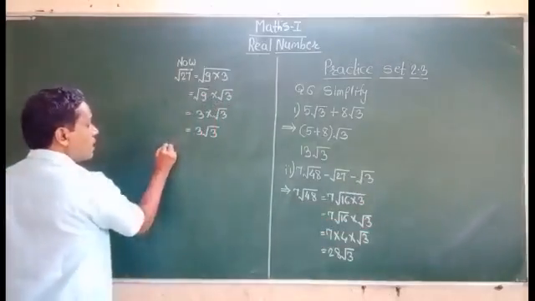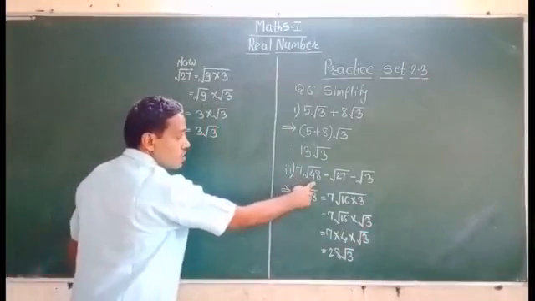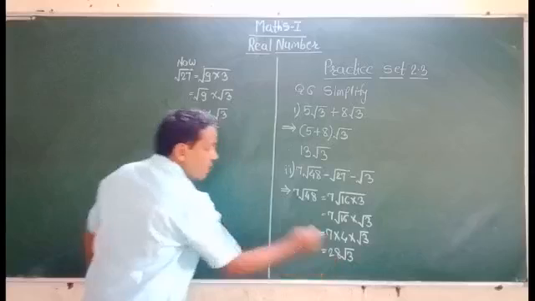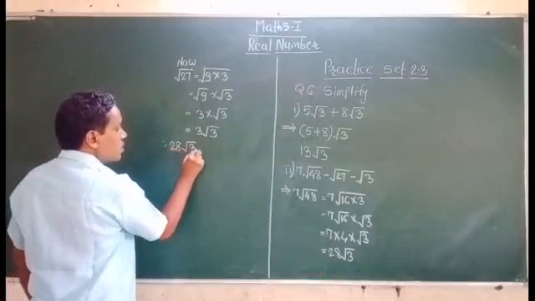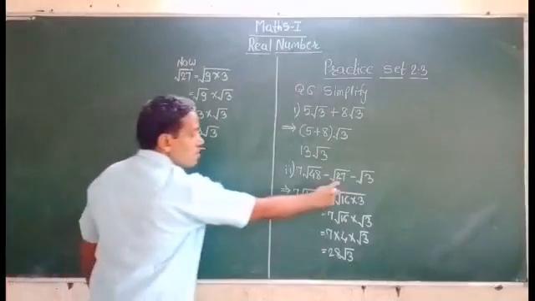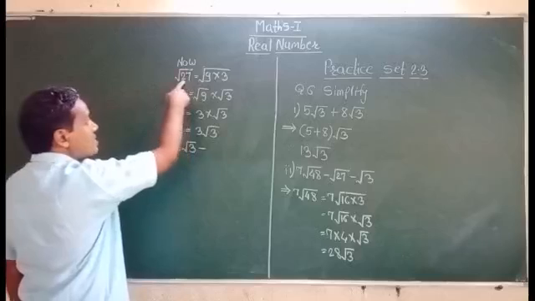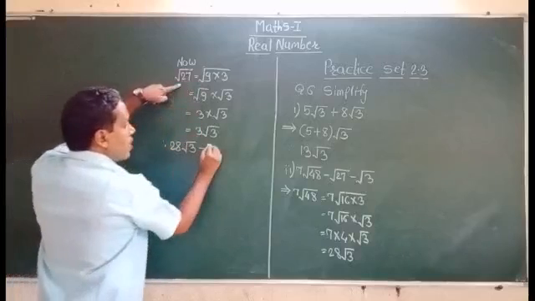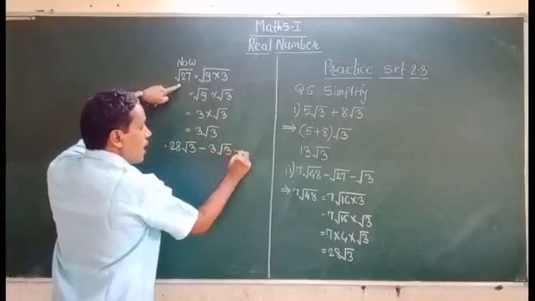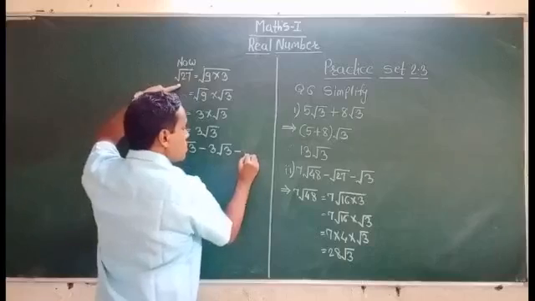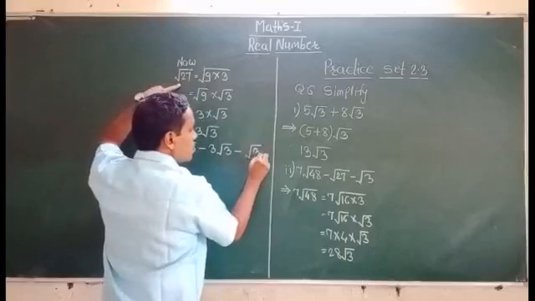Therefore 7 surds 48 we have converted into 28 surds 3 minus surds 27. That surds 27 we have converted into 3 surds 3, and the final is surds 3.